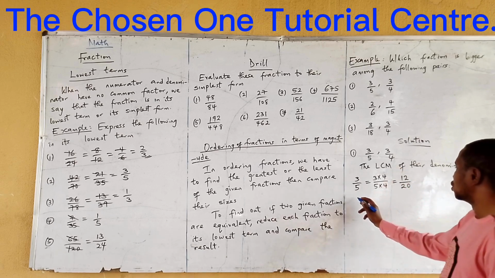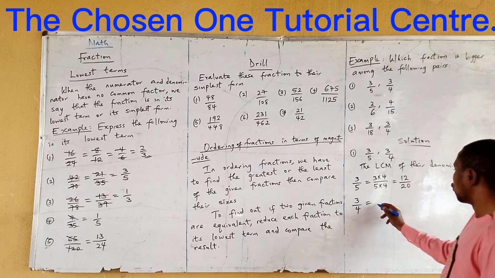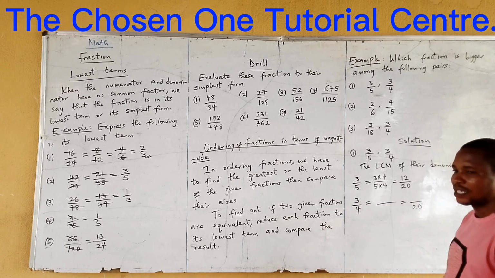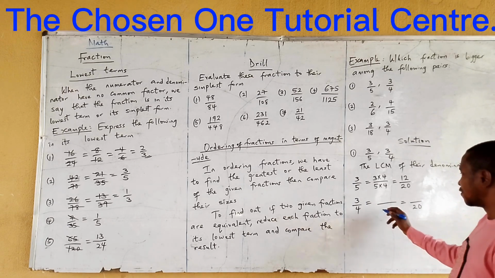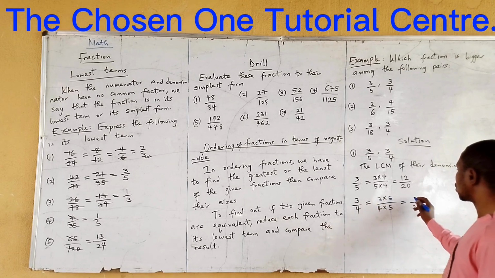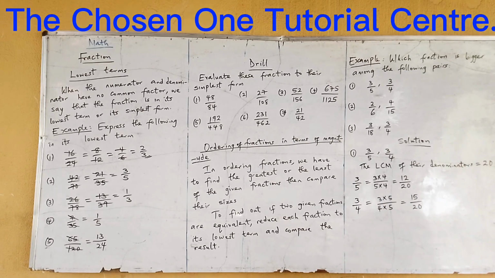We are going to do the same thing to this 3 over 4 as well. So for us to have 20 as the denominator here, which is the LCM, that means we are going to multiply 4 by 5. So 4 times 5 and this will be 3 times 5. So we are going to have 15 over 20. So which one is bigger? We have 12 over 20, then we have 15 over 20.